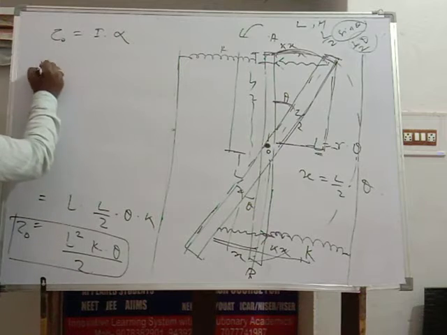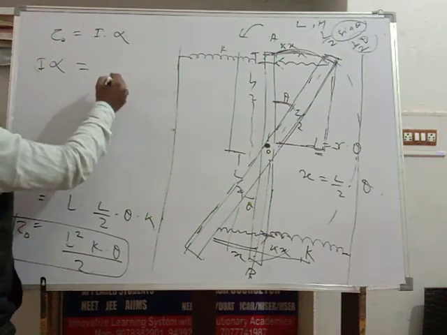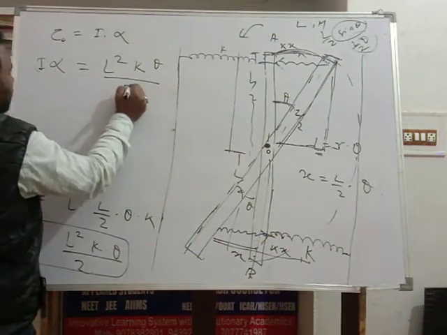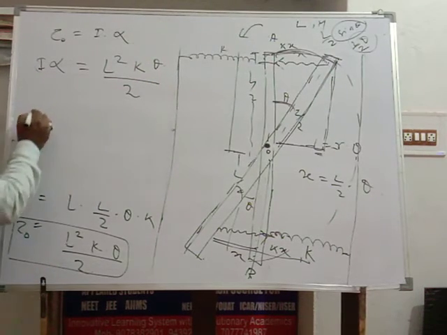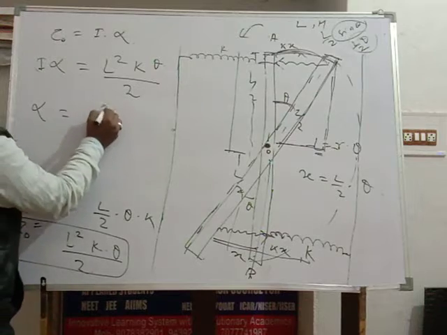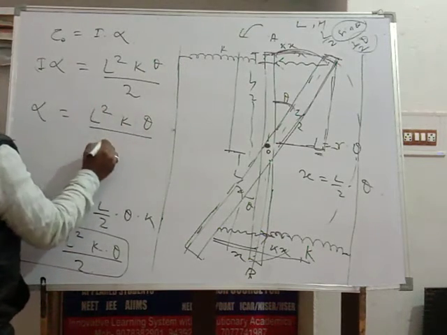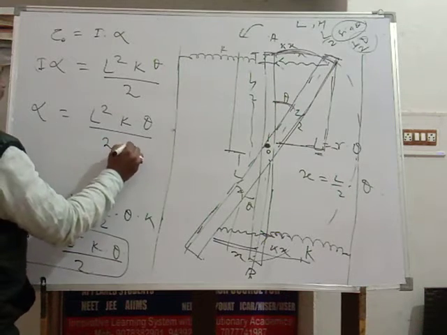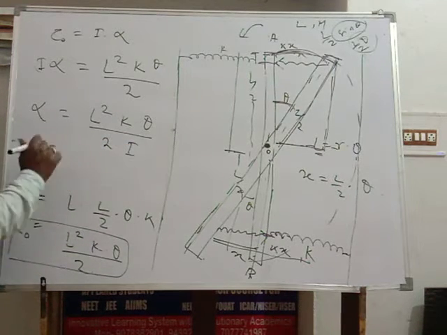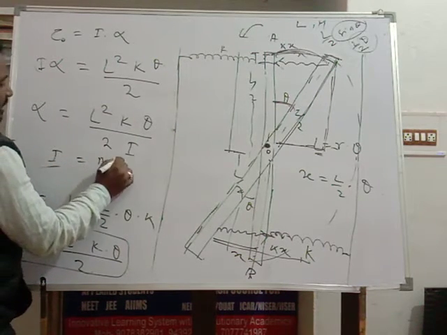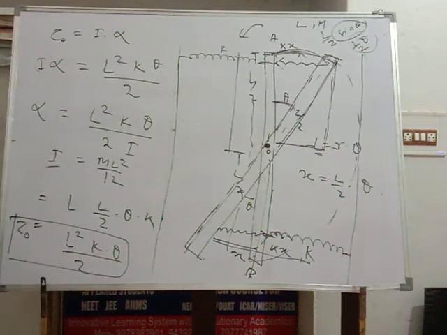So I into alpha must be equal to L square K theta by 2. So alpha would be equal to L square K theta divided by 2 into I. But I about the midpoint is ml square by 12.